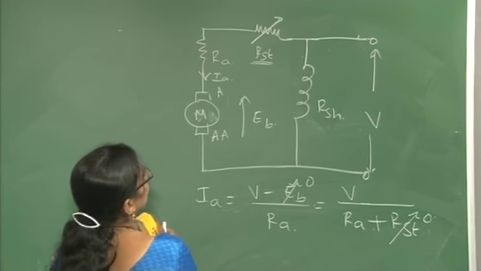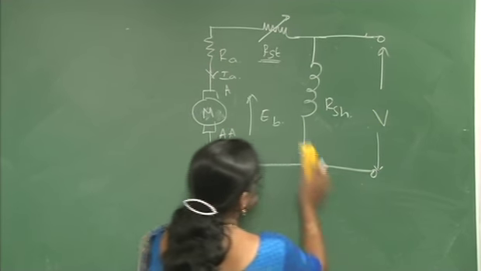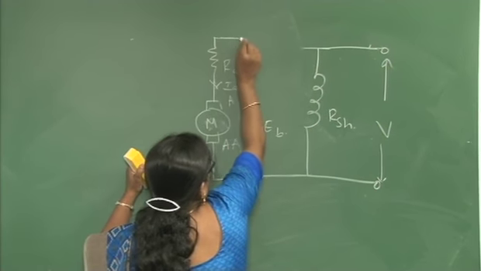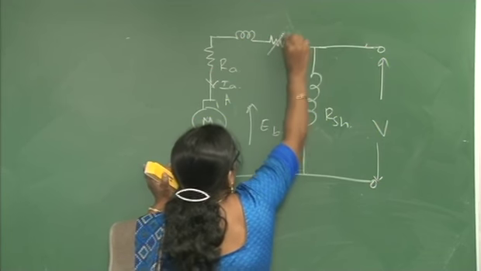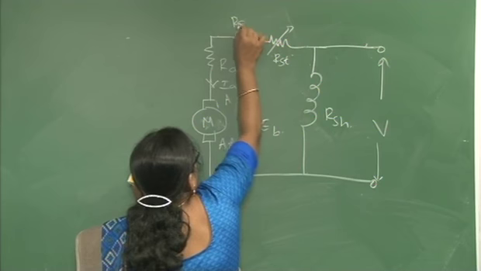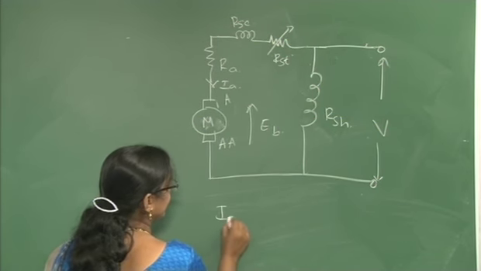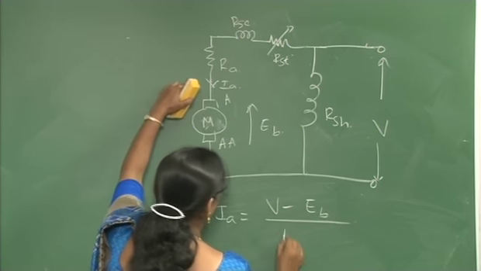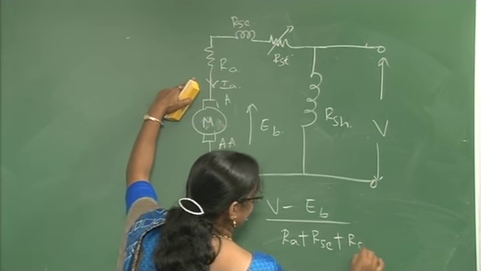In the case of a compound motor, what are you going to do? The shunt field winding you connect, and then here the series field winding you connect, and then in series with this you add this starter resistance. So, this will be RSC. Now in this case, IA is equal to V minus EB divided by RA plus RSC plus RST.